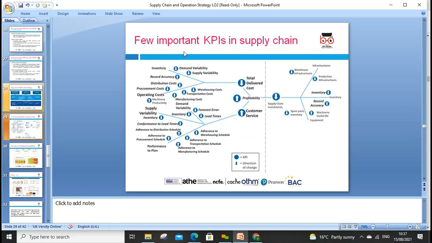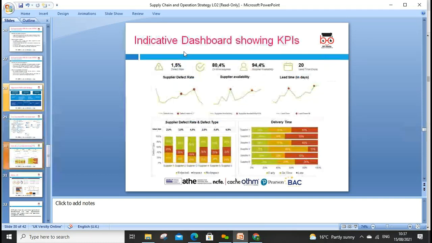Okay, important key performance, of course, supply chain. It can be linked with the various functions, and then you can set the KPI. In detail, we can look around at errors in the data, the demand, and the inventory record keeping. Indicators on a dashboard showing KPIs, you will see here: supplier defect rate, supplier availability, lead time, how many days we are doing, so we can manage.